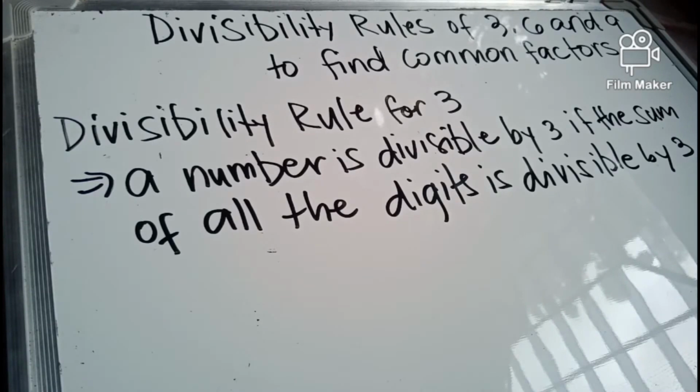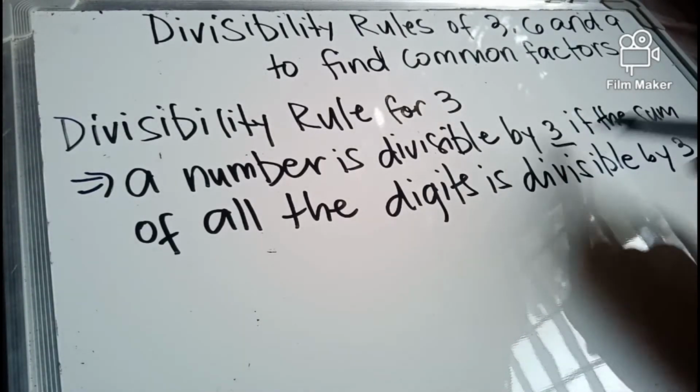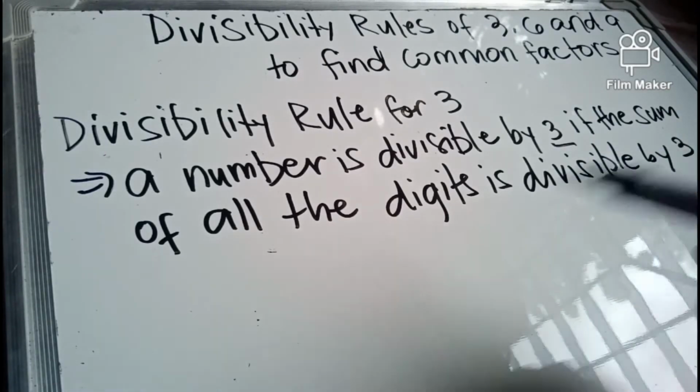So, ang ibig sabihin nito, a number is divisible by 3 if the sum of all the digits is divisible by 3.